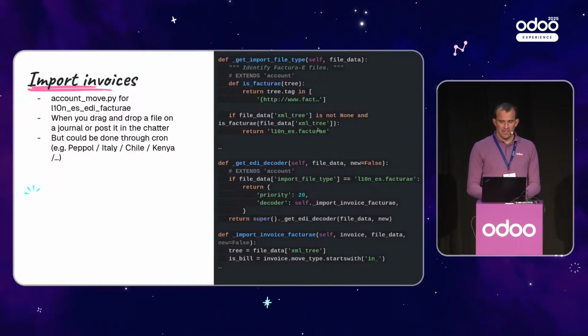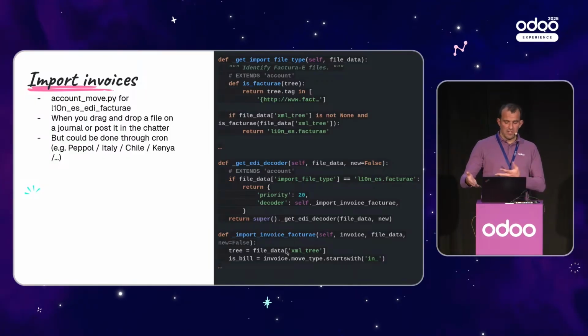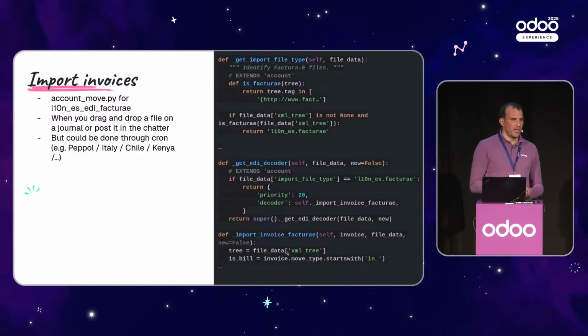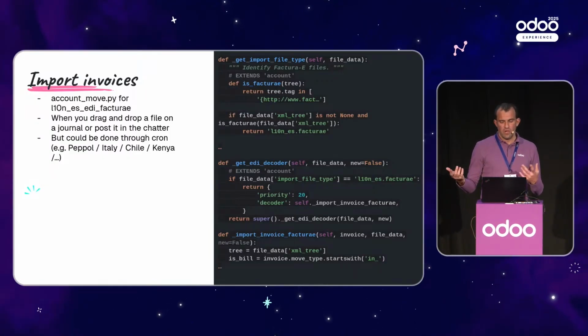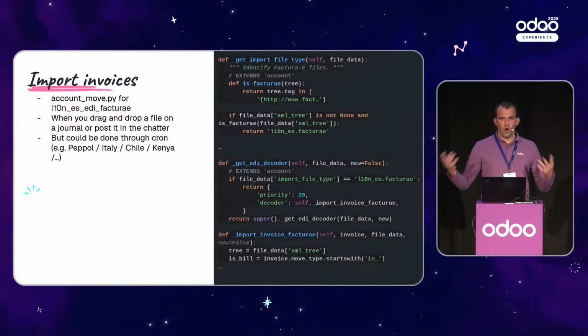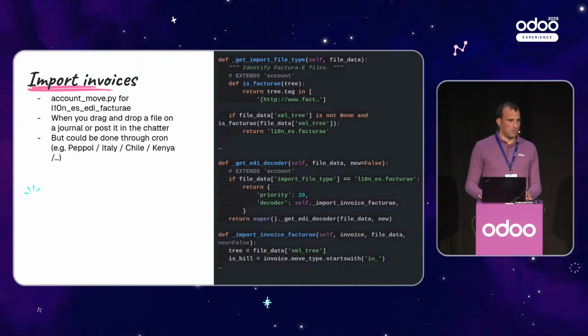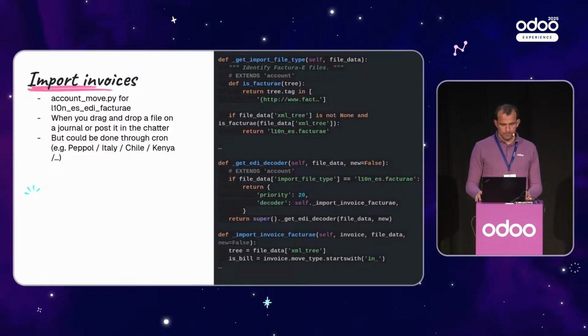Then in the get EDI decoder method, you can pass your method, and that method will handle your XML. So it's very easy to add your own import format here as well.